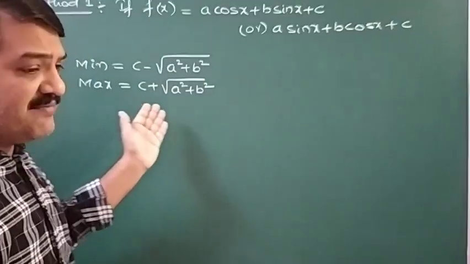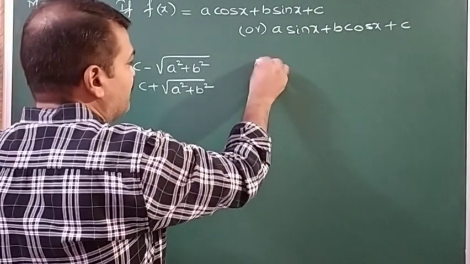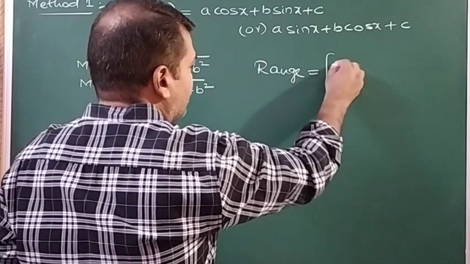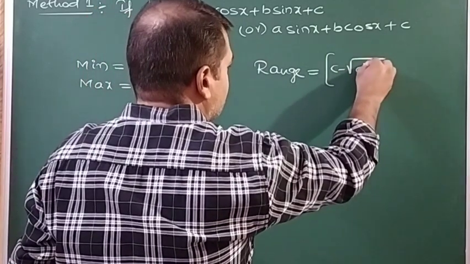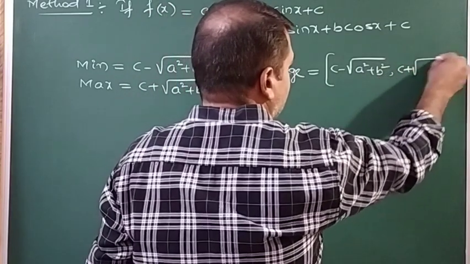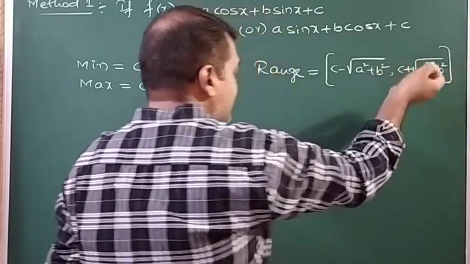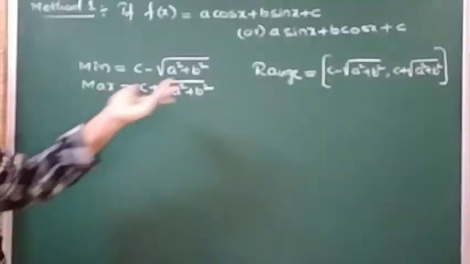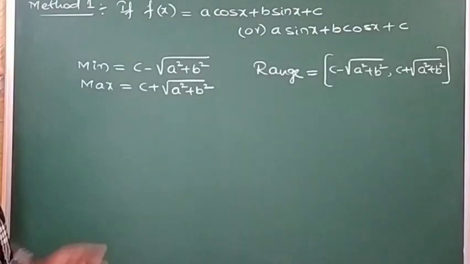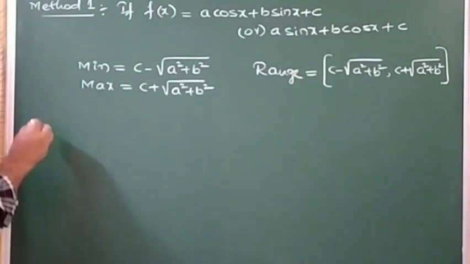We can write the interval in which f of x values will lie. Okay, so therefore the range of f of x will be c minus root over a square plus b square, c plus root over a square plus b square, the interval of minimum and maximum. So this is the range of the function wherever the function is in this model. So let us take a simple example.